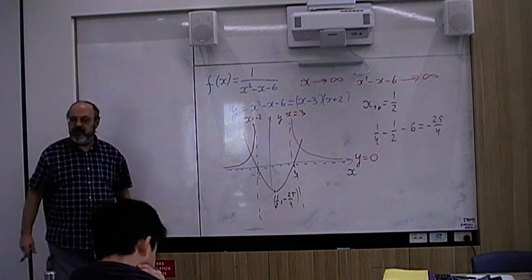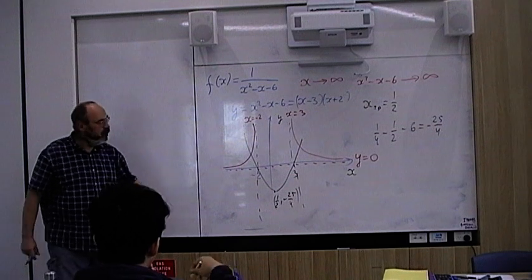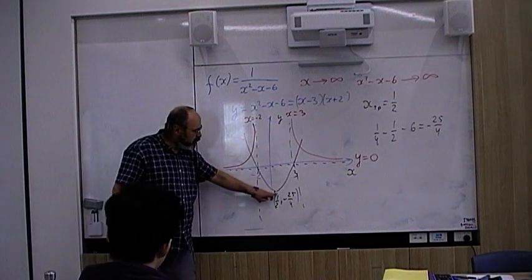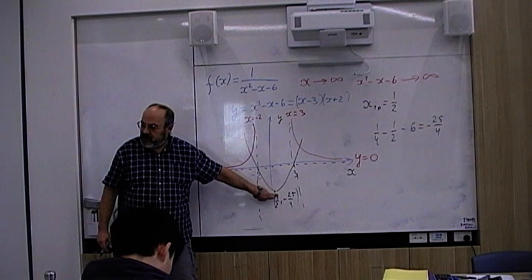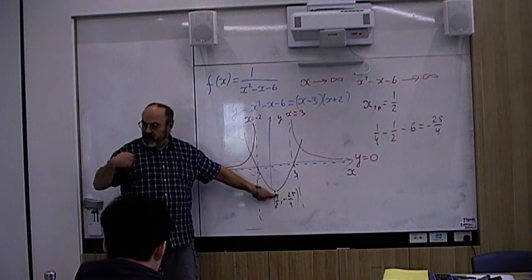But what will be in between? Where we have the smallest value of the denominator, 1 over that will be the maximum.